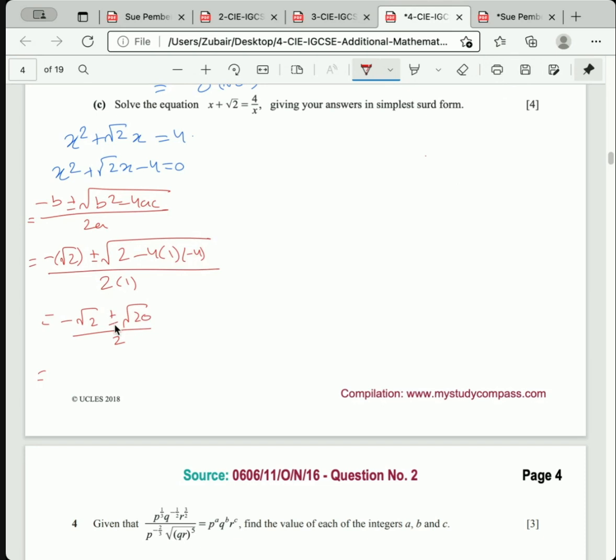Root 2 plus root 20. 20 is 10 times 2, 5 times 2, so 2 root 5.